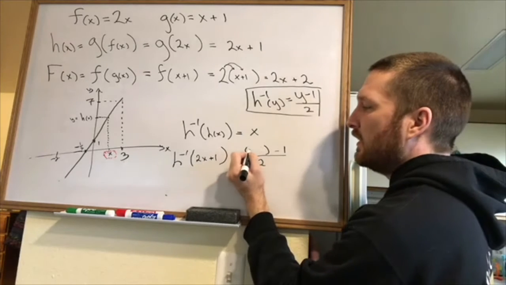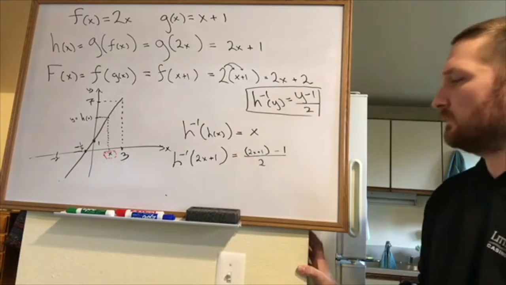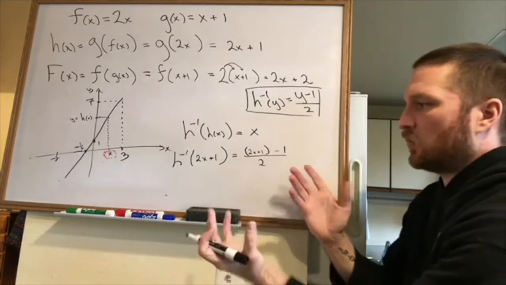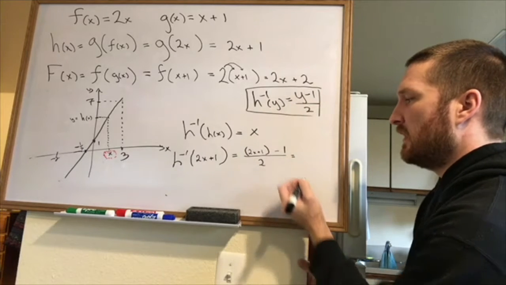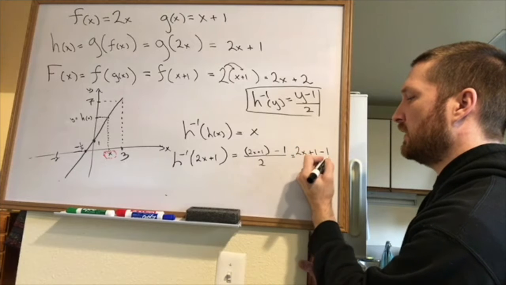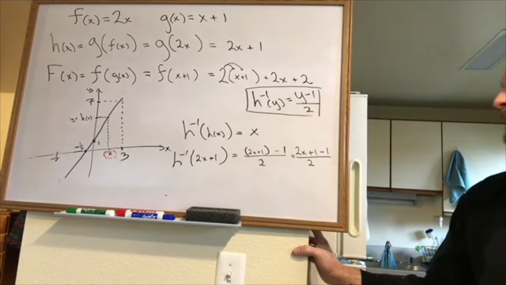And now we get 2x plus 1. And 2x plus 1 is just 2x plus 1. I don't have to square it or anything like that, so I could drop the parentheses. I get 2x plus 1 minus 1 in the numerator, still divide by 2 in the denominator.